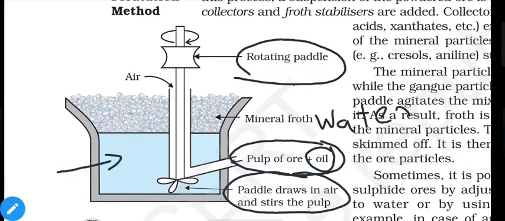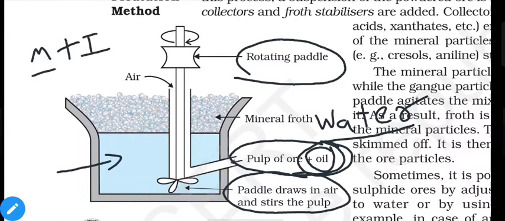So we actually have water and oil, both present inside this mixture. Obviously we know that water and oil do not mix with each other. Similarly, we have two different types of compounds in this solution, which are metal compound plus impurities. We need to separate the metal compound from the impurity.